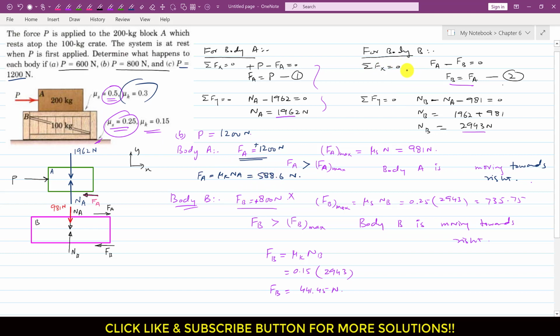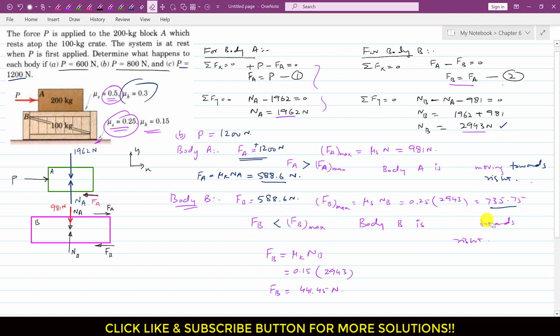And now according to equation 2, FB will be equal to FA. So FB is equal to FA, and FA is 588.6 Newton, right? And FB max will remain the same, that is 735.75, since mu S and N B is constant, right? So now this means that FB is less than FB max, right?